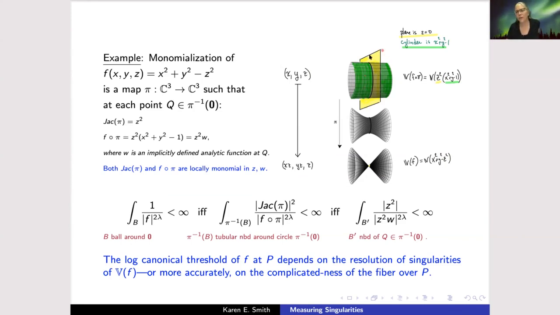And then we see this other yellow plane, which is the zero set of z, or really z squared here. And that's part of the local monomialization here. But we see the resolution hiding in this local monomialization. So yeah, that's what is going on in computing the log canonical threshold.